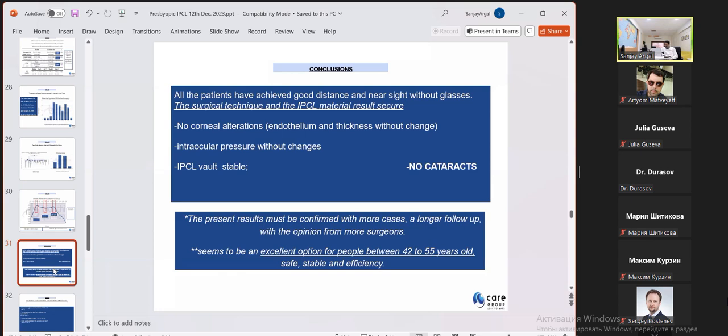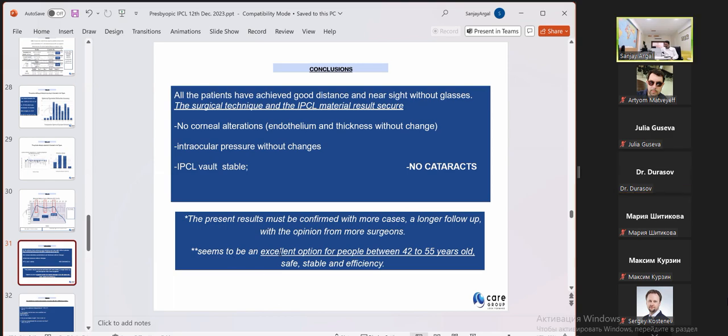The IOP is maintained and there is no significant loss of ECD. В течение этого исследования, в течение года, ни у кого из пациентов не развилась катаракта, не было повреждения роговицы, не было изменений прогиба факичной линзы, и внутриглазное давление сохранялось стабильно без изменений.